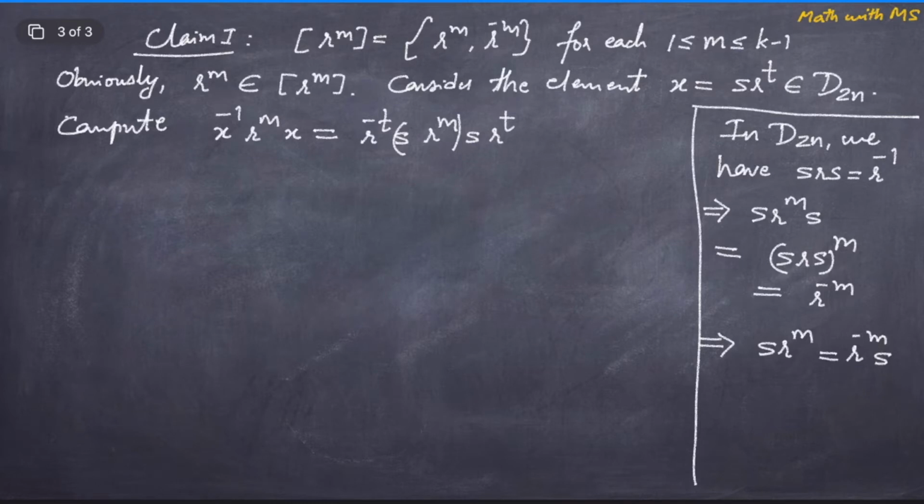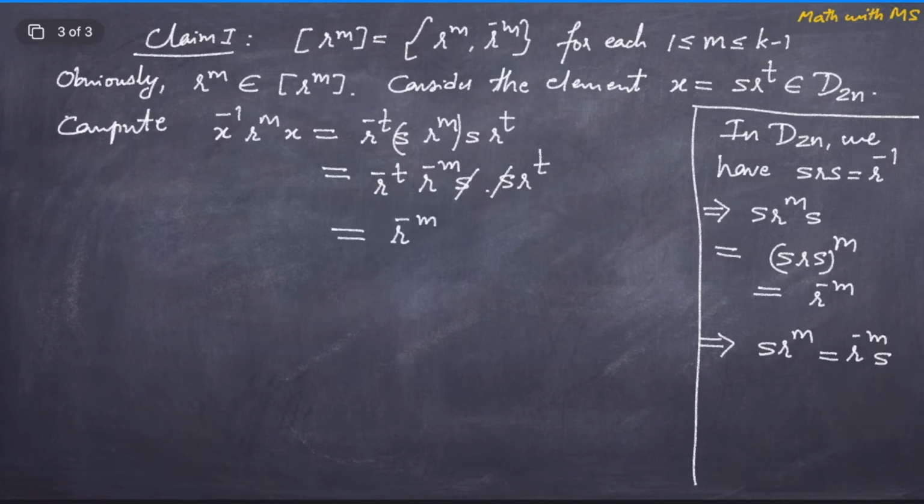We use it here. I can replace this by r^(-t). Now s r^m I replace by r^(-m) s, and then here it is s r^t. s times s becomes s squared, that gets cancelled. So what we get is r^(-m).